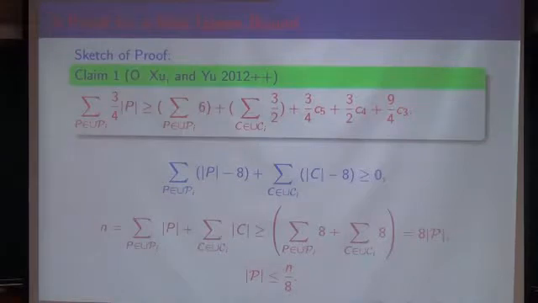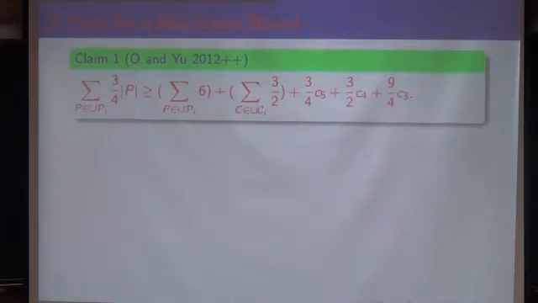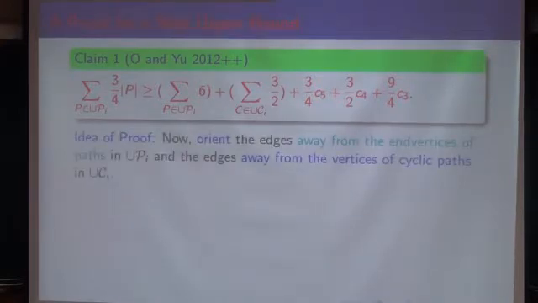Well, first, let me explain where these numbers come from. We give an orientation on the edges away from the end vertices of non-cyclic paths, and on the edges away from the vertices of cyclic paths. So this is for a regular graph.